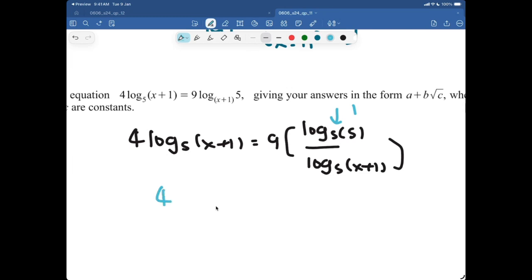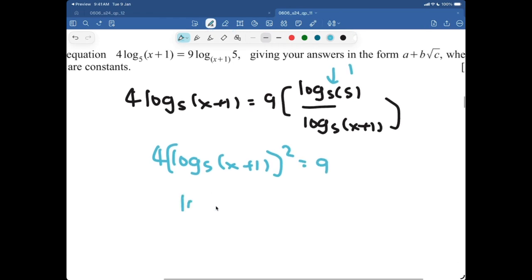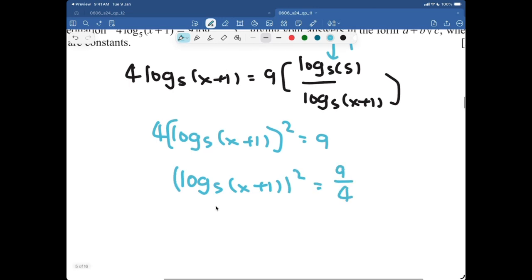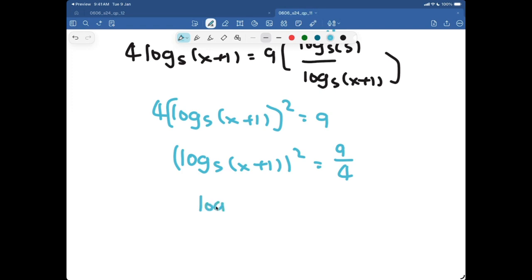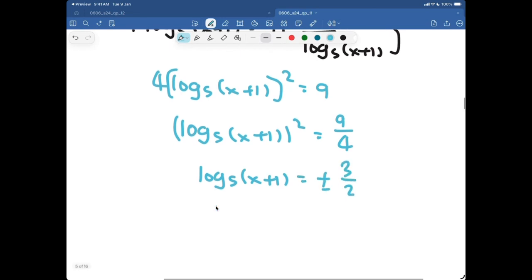So we can write 4 (log 5 (x plus 1)) squared equals 9. So (log 5 (x plus 1)) squared is equal to 9 over 4. Taking square roots on both sides will give you log base 5 of (x plus 1) is equal to plus or minus 3 over 2.